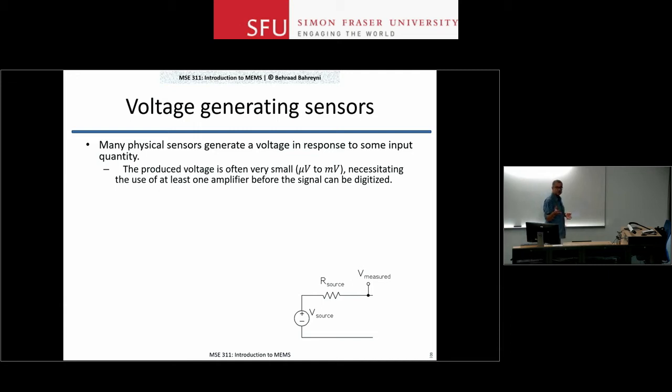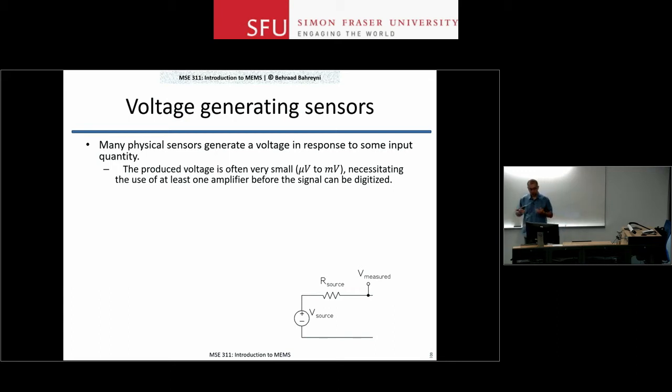An example is a thermocouple, right? So a thermocouple had a hot junction and a cold junction, and then at the location of the cold junction you had a voltage difference between the two ends of the thermocouple that was proportional to the temperature difference between the two ends. We noticed that that voltage was usually very small, right?